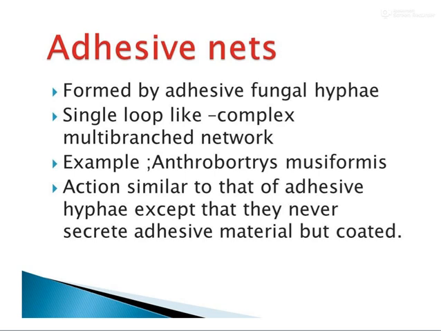Another feature is the presence of adhesive nets by certain fungi. Sometimes single loop-like or complex multi-branch networks are formed, and attached to these networks there would be certain adhesives. Now, in the case of Arthrobotrys, you can see a similar adhesive net, and this action is similar to that of the adhesive hyphae, except that they never secrete adhesive material, but they get coated.